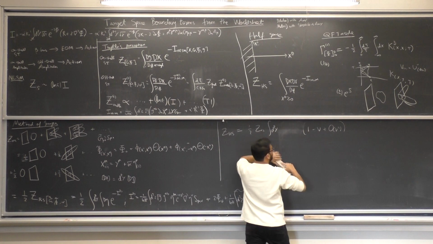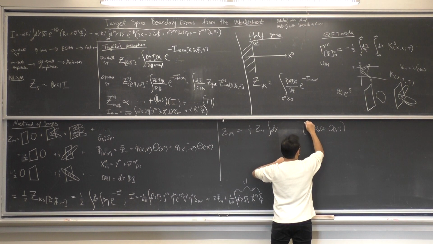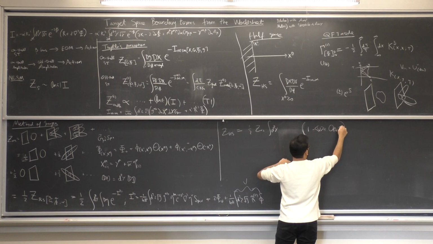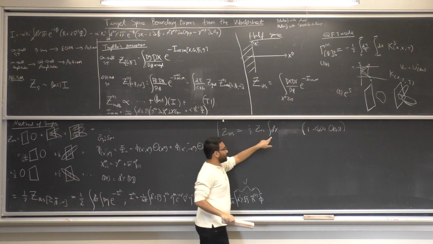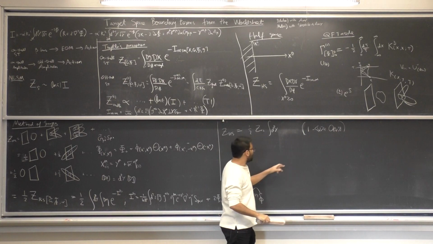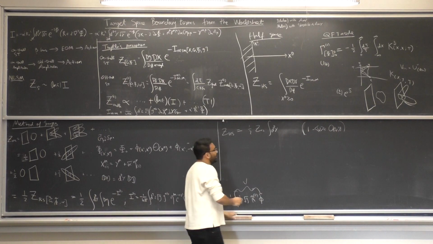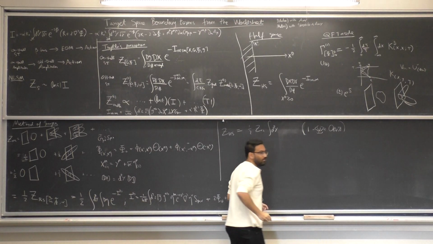Now you make this into expectation values, and then you introduce a normalization factor such that the expectation value of 1 would be 1. It is this quantity that you compute.